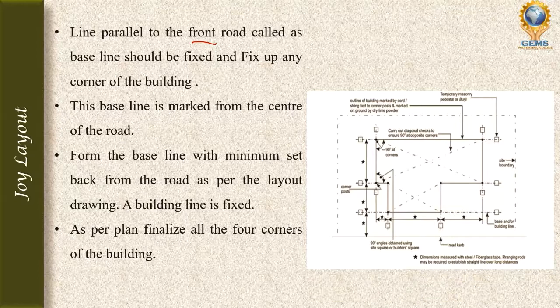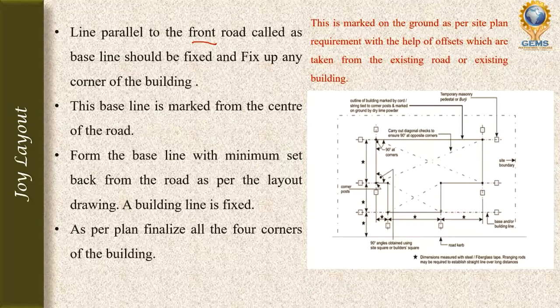The definition of the baseline is, it is marked on the ground as per the site plan required with the help of offsets which are taken from the existing road or existing building. This baseline should be marked from the center of the road, not from the edges of the road.